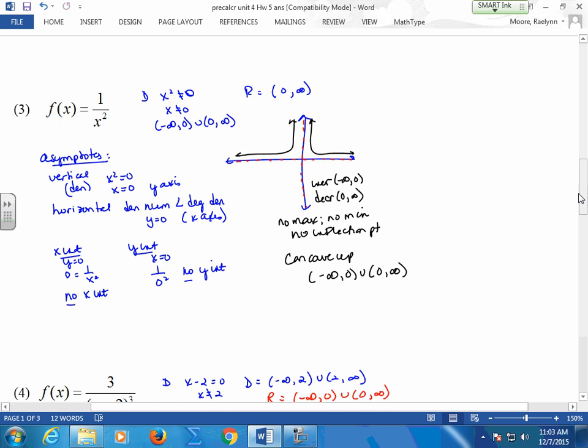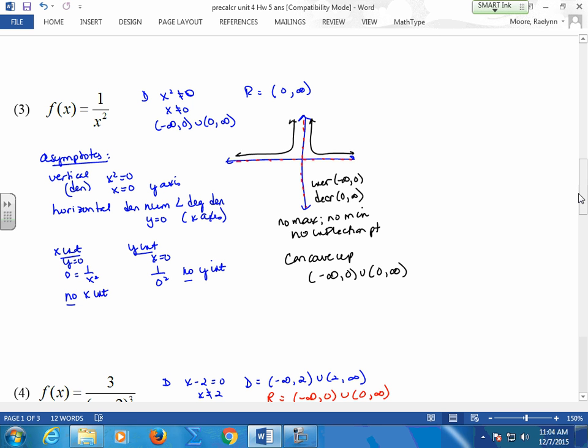3, that should have been a nice one. Is that a nice one to do? That should have been an easy one. You got a little increasing part, you got a little decreasing part. Your concavity is real straightforward. Your degree in your numerator was less than a degree in the denominator. You can almost see the y equals 0, the x-axis.